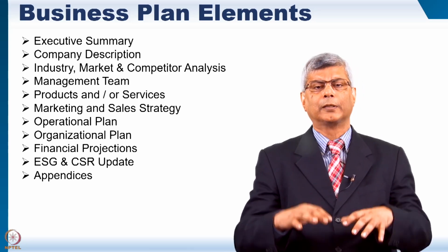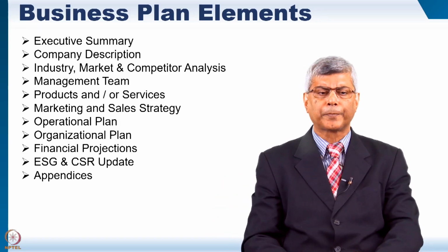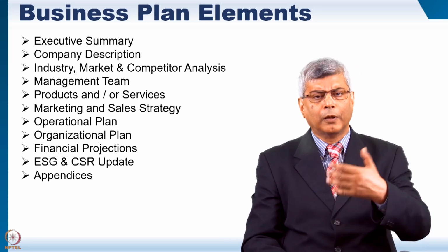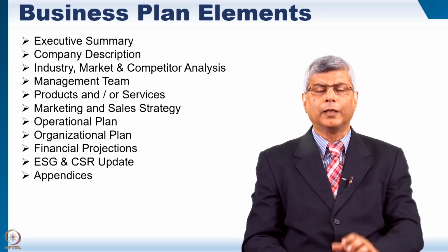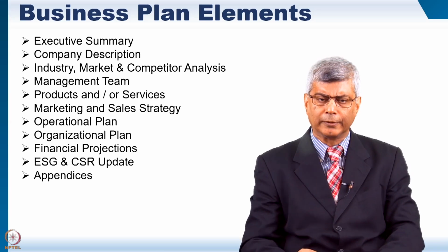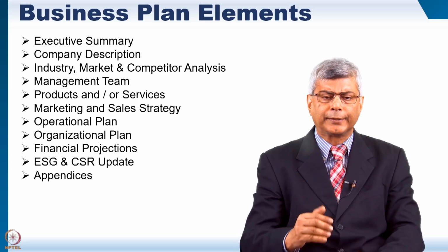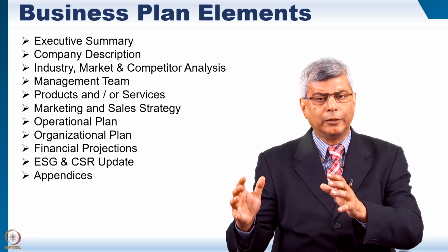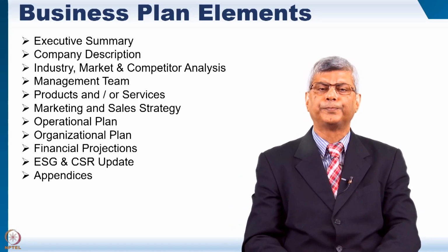It then starts with a competitor, market, industry update. It then talks about the management team, the products and services, the operations of the plan, the financials, including the financial projections, funds requirement, the human resources, the organization structure, and the ESG and the CSR updates.